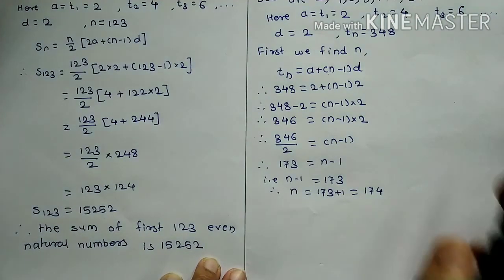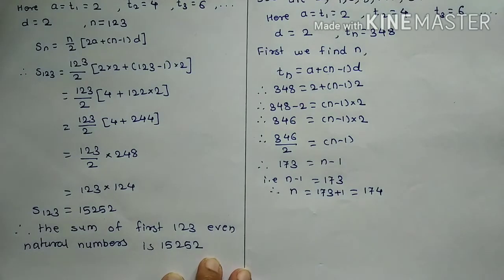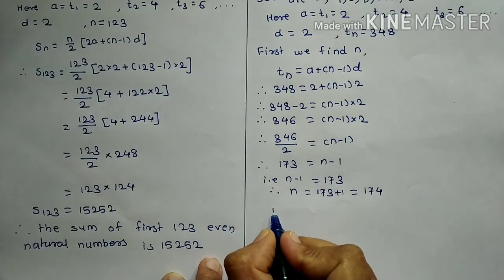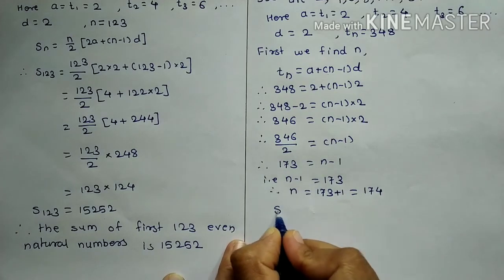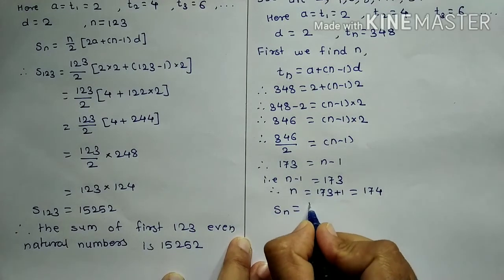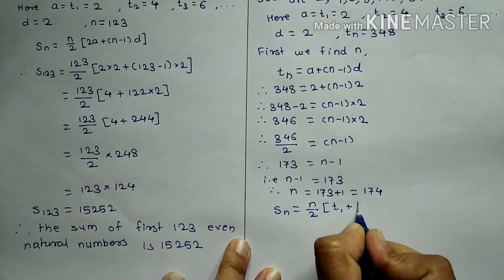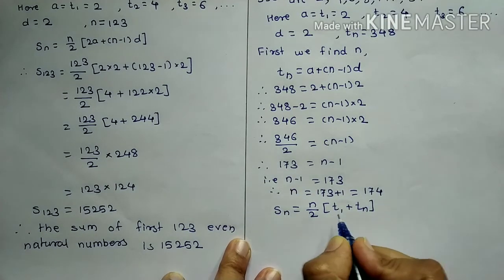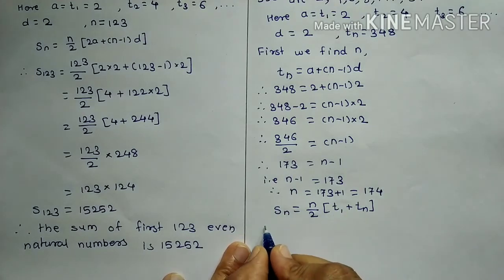Now we have to calculate sum of these even numbers. Here we use another formula of Sn, that is Sn equal to n upon 2 into (T1 plus Tn). T1 means first term, Tn means last term. Now substitute value here.